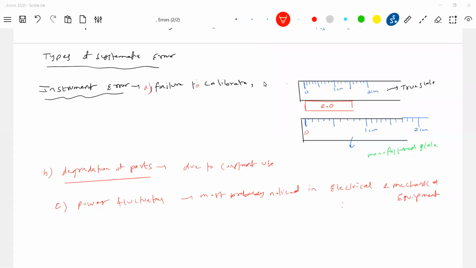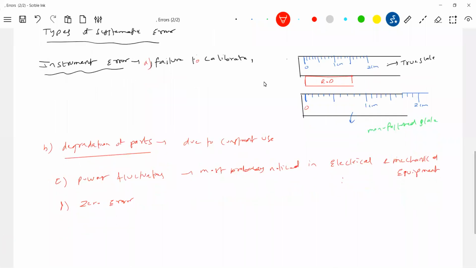Okay, now after this, instrument error is one more. A good example is zero error. If you look at the scale, especially meters, they'll mark zero here: 0, 5, 10, 15, 20.